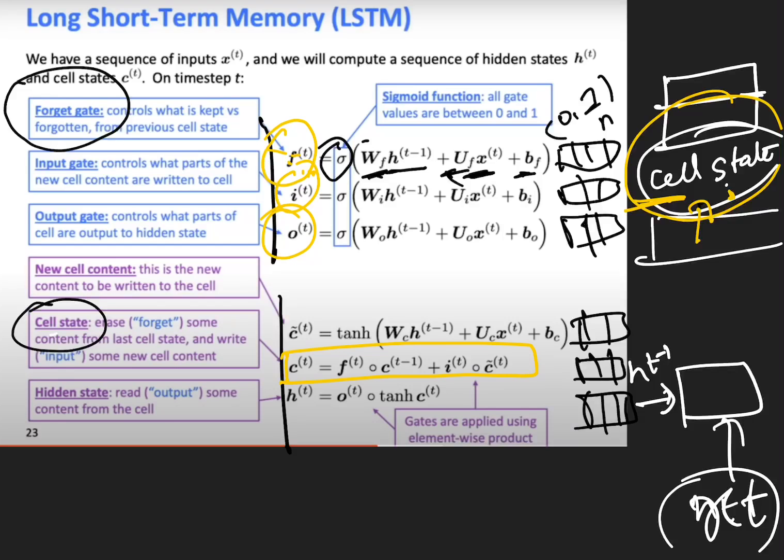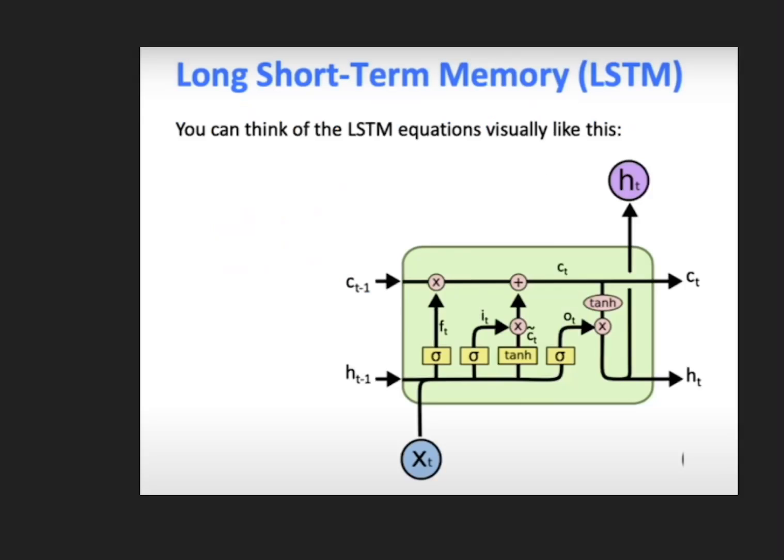Let's talk about the new cell state. This is a new diagram. The previous screenshot was from CS224N, and this is a diagram from Colah. The link is shared in the description. This is my current input that I'm giving.